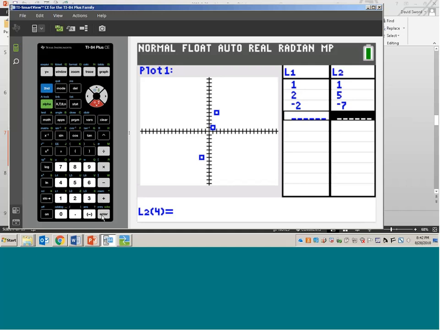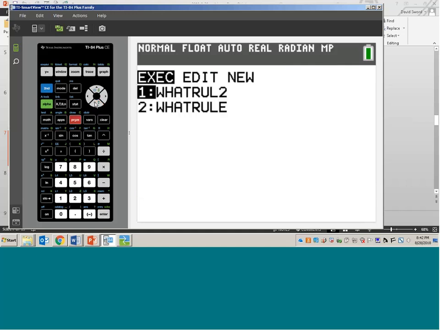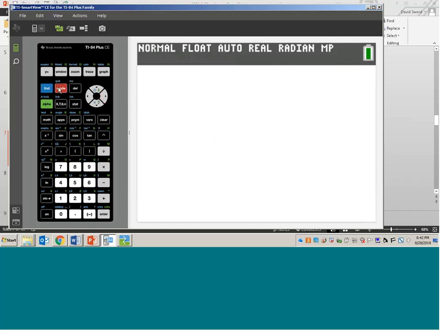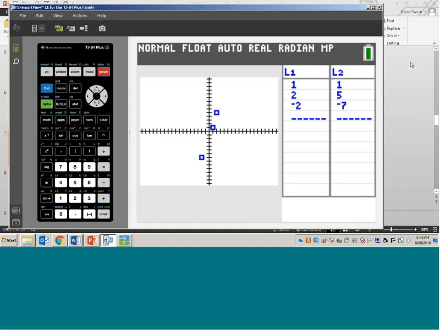To do that, I can just write a very simple program, which I have written, called What's My Rule, and that program is just 2 lines. In the first line, I used the sequence command to generate 11 ones. Why 11 ones? Because on this table right here, there are 11 slots that I can fill up.